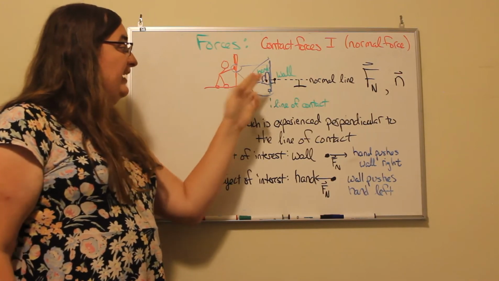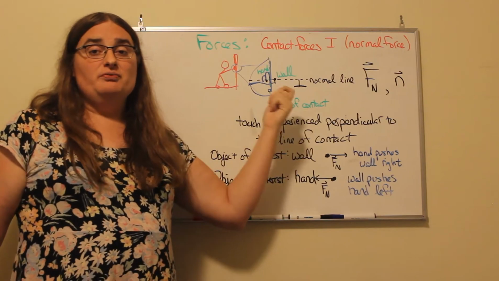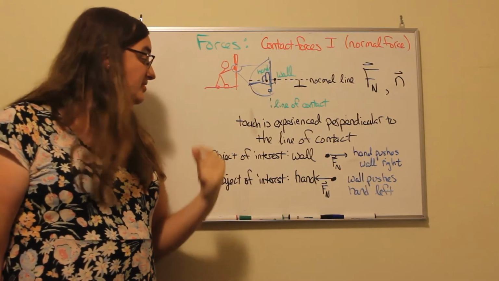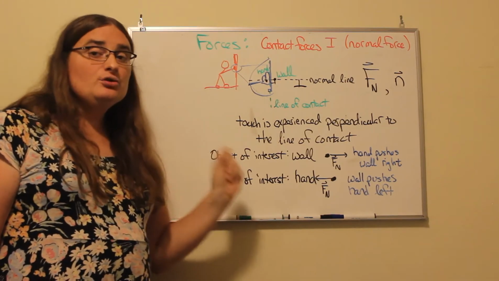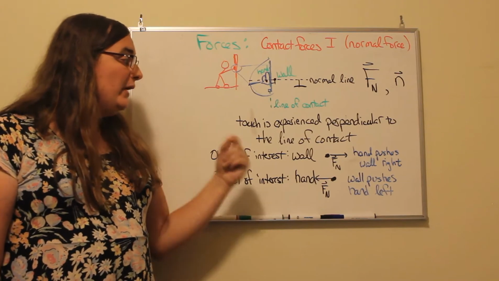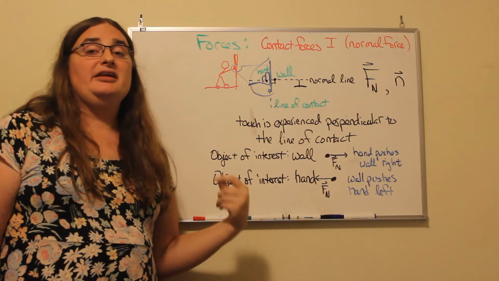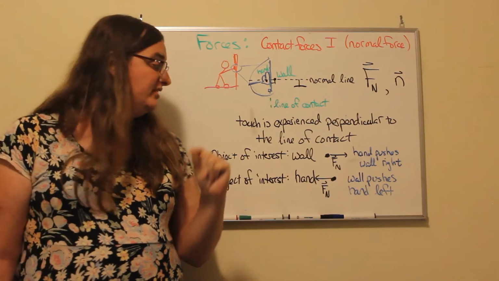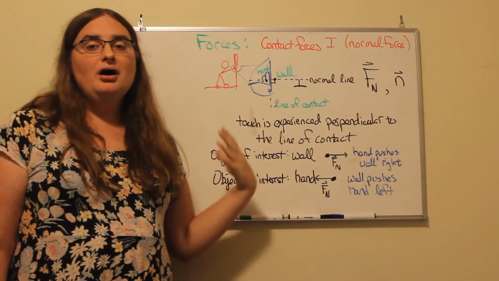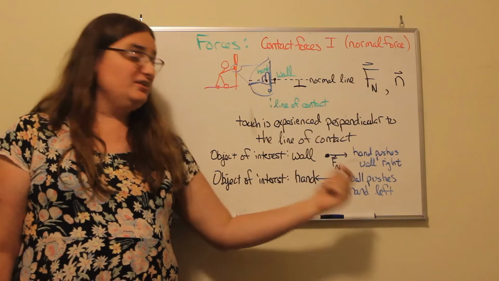So if I have a hand and a wall touching each other, since those are the two objects involved in that normal force, then we have two ways that we could view that interaction. And the way that Newton's third law is really sort of telling us what to do in this situation is to consider our object of interest and draw our free body diagram as that force acts on our object of interest.